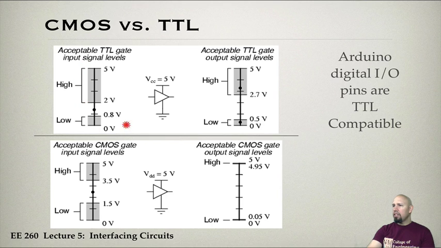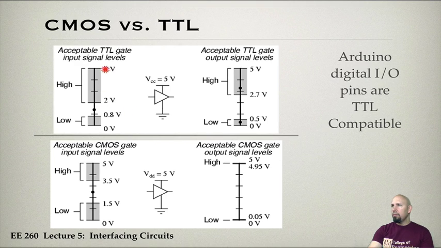So these are TTL ranges. Actually this is TTL to TTL. So this signal is TTL input level, these are TTL output levels. Just to kind of see what's going on with that.